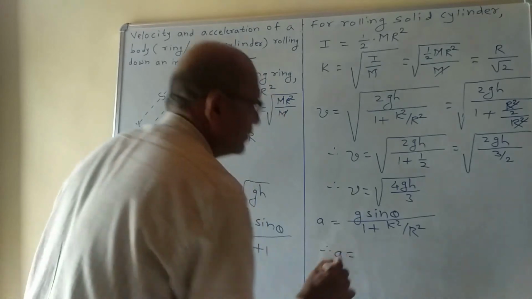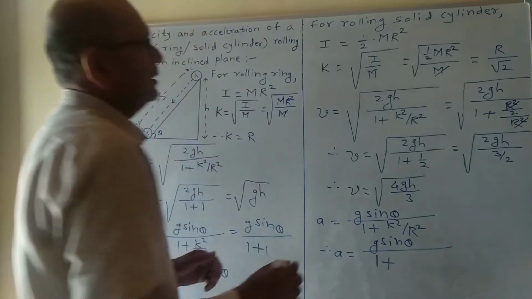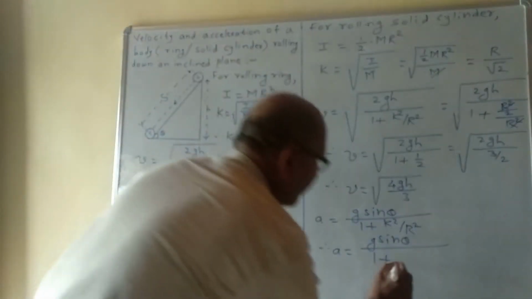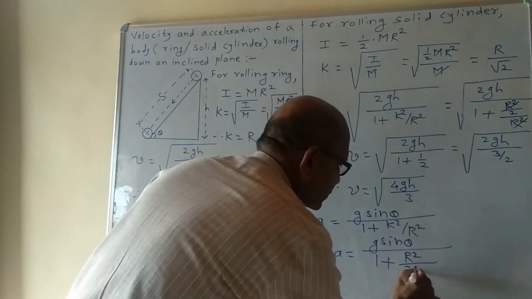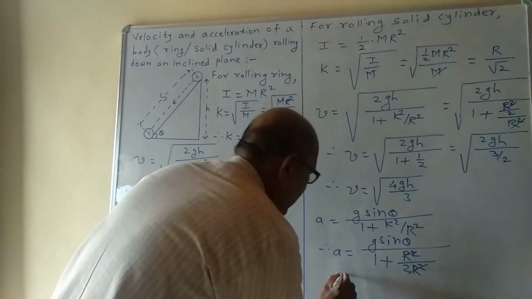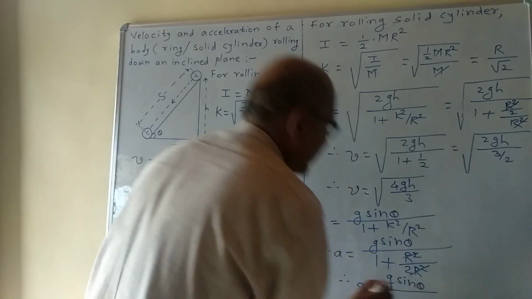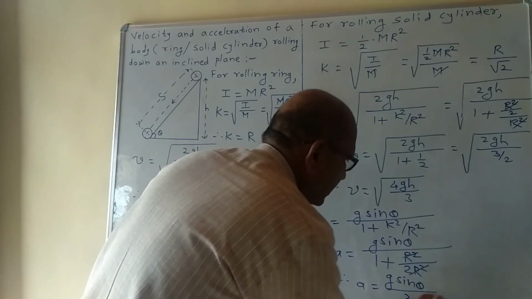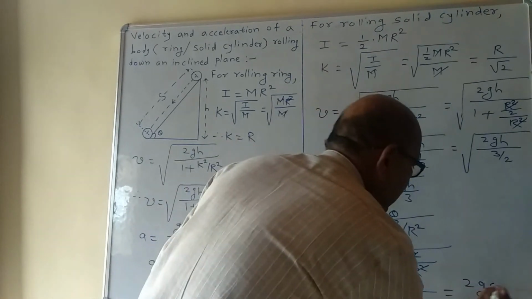Therefore, A is equal to g sin theta upon 1 plus, value of k square is r square upon 2, r square upon 2 divided by r square, cancel out, and therefore acceleration A is equal to g sin theta upon 1 plus 1 half, that is 3 by 2, which equals 2g sin theta upon 3.